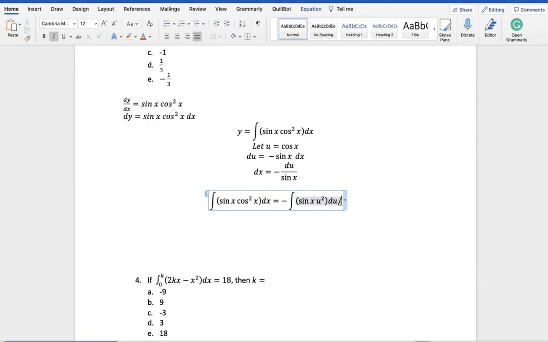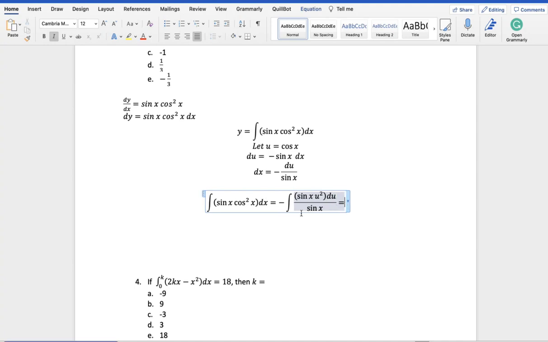Now you see that the sine will cancel, and you will be left with the integral of u squared du.